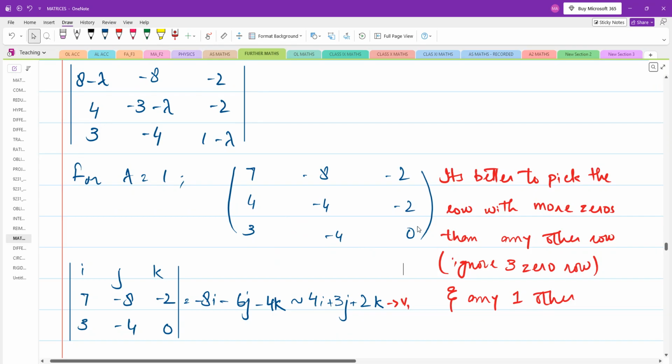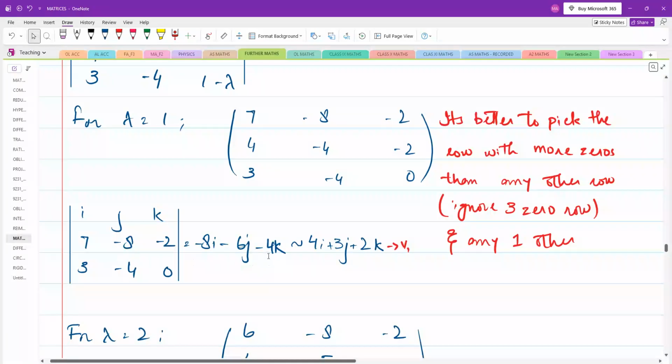Any row with a 0 will never be a multiple of any other row. So this row has a 0 and no other row has a 0, which means this can never be a multiple of any other row. So we are free to pick this row and free to pick any other row.